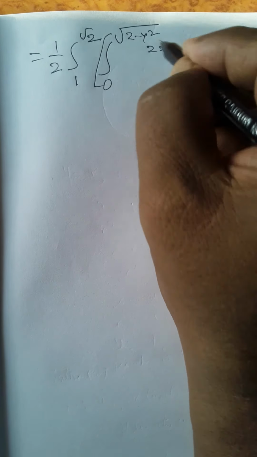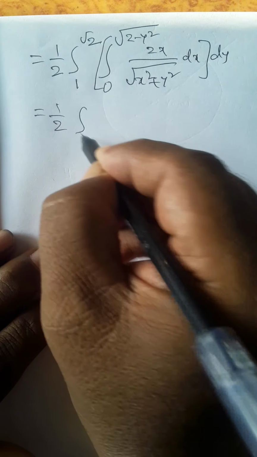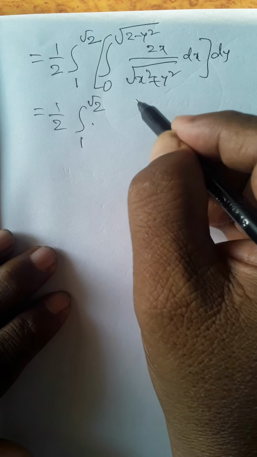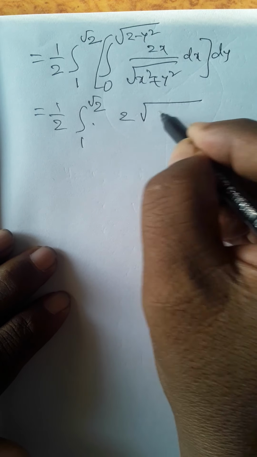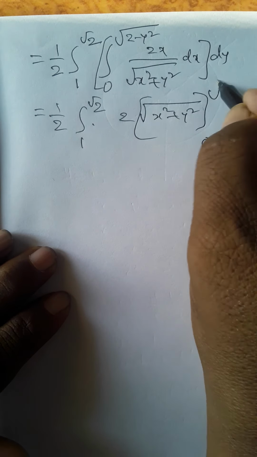Integral 1 to root 2, integral 0 to root of 2 minus y square, 2x by root over x square plus y square dx dy, using the same formula: 2 root x square plus y square, 0 to root of 2 minus y square, dy.